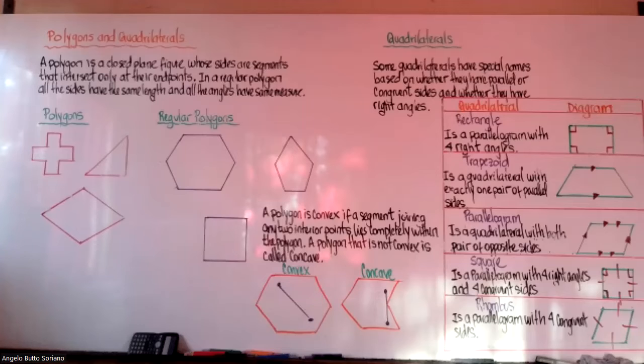And according to their angles, we have the acute angle triangle, where the three angles will be smaller than 90 degrees, every one of them. The right angle, what does that mean? That means at least we're going to have one angle of 90 degrees. And the obtuse triangle means at least one angle that's greater than 90 degrees.